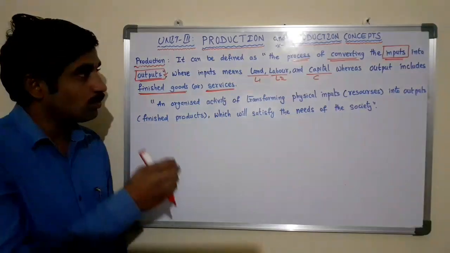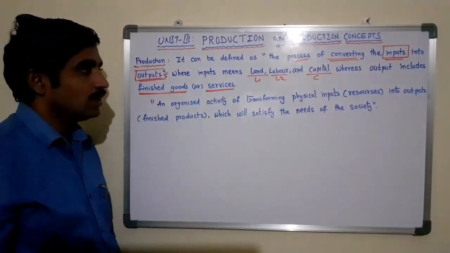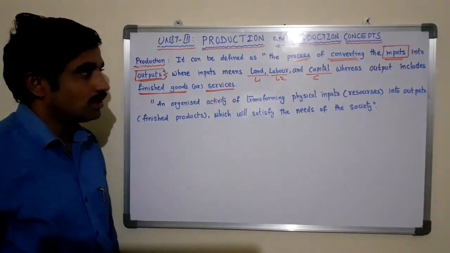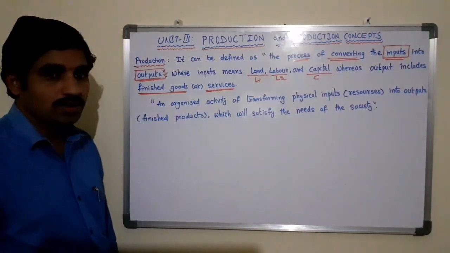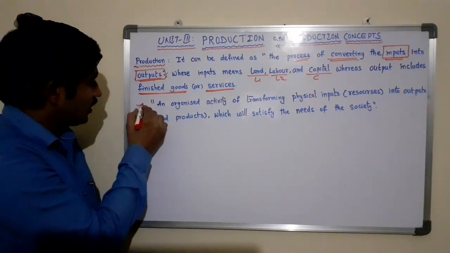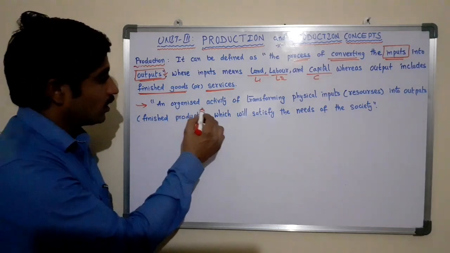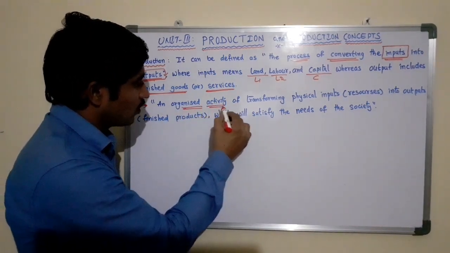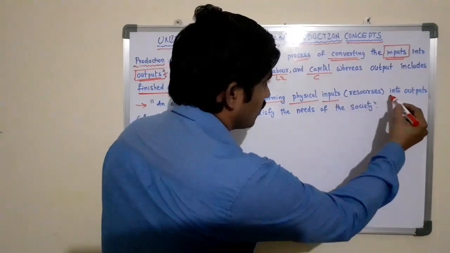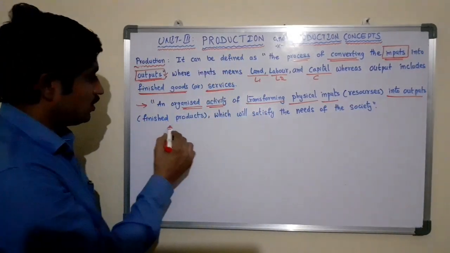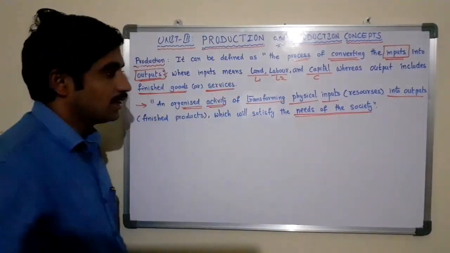So what is production? Production is transferring inputs into outputs in a systematic manner. Here is another definition: an organized activity of transferring physical inputs into outputs which will satisfy the needs of the society.